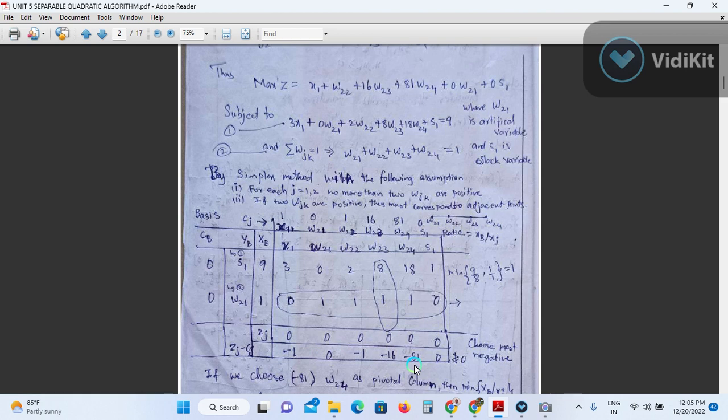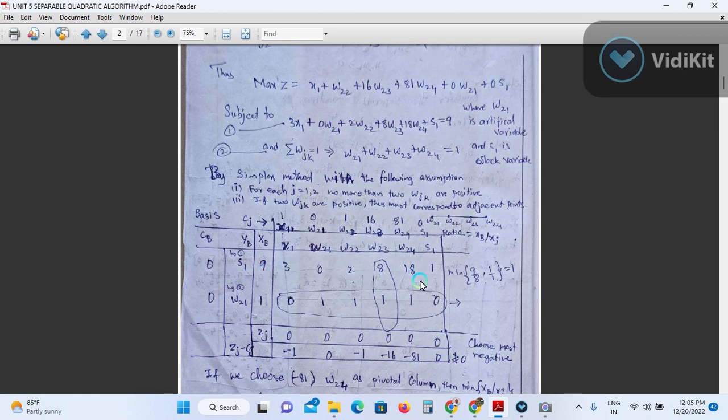So the next step is to choose the pivotal column, right? How do you choose the pivotal column? I have to choose the most negative value among these Zj minus Cj. So here minus 81 is the most negative value, right? Therefore this is the pivotal column. From this I have to choose the pivotal row. How do you choose the pivotal row? That is XB divided by the pivotal column entries.